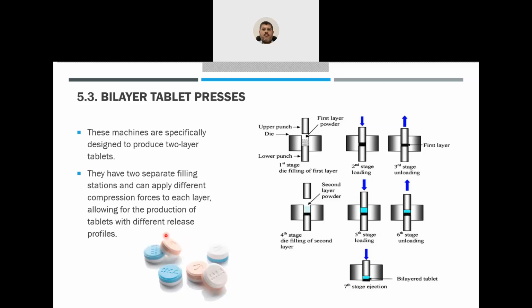It may contain one ingredient, but there is some dose in the rapidly releasing layer that will cause rapid release of some dose of the drug, and this dose will produce rapid effect, and then there will be sustained release in the other layer to maintain the effect of the drug for longer duration.